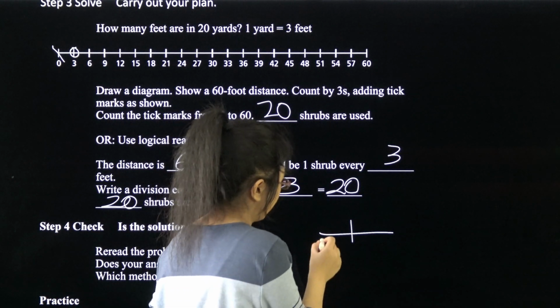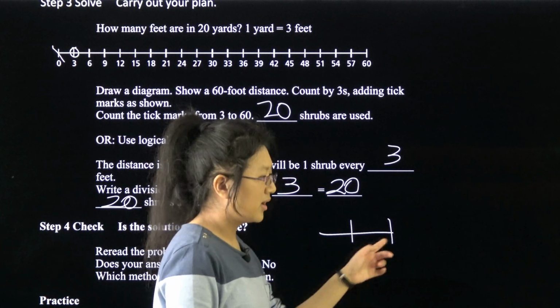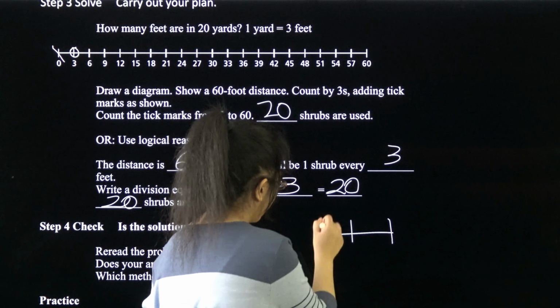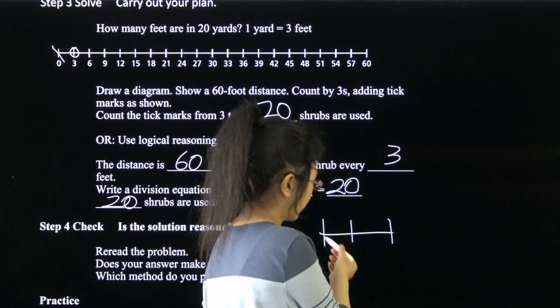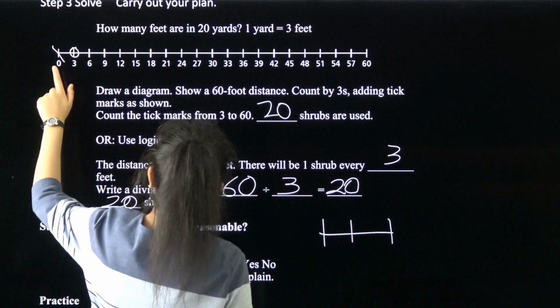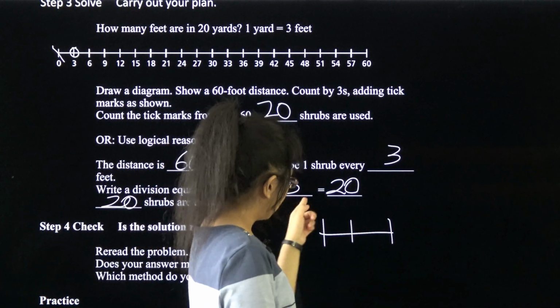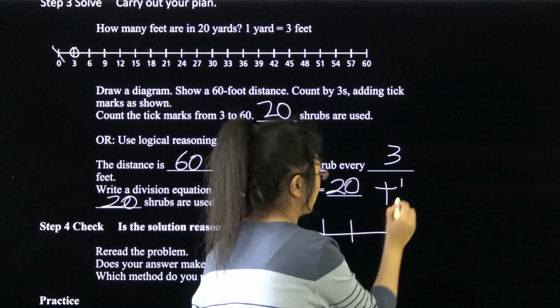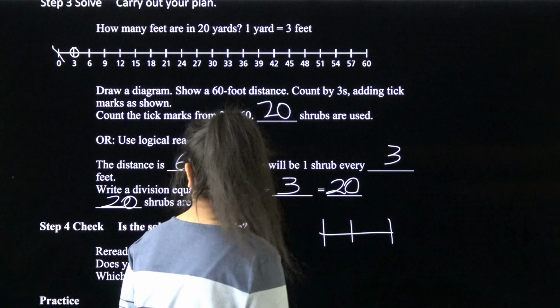But if you need 2, then only one of the ends would have 1. But if both ends have 1, then you would need 3 when you're dividing it into 2 pieces. So if there was a shrub at the starting point, you would need to add 1. But thankfully, there isn't. So we don't need to add 1.